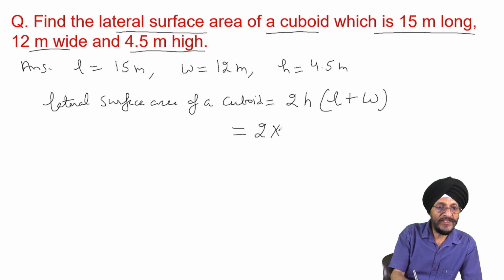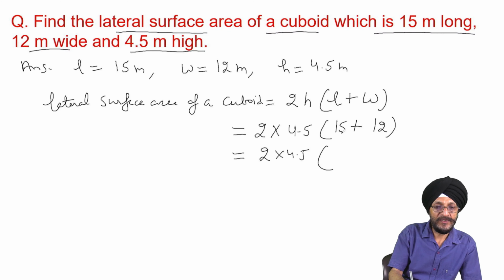What is the value of H? It is 4.5. What is the value of length? It is 15. What is the value of width? It is 12. Let us solve it first.